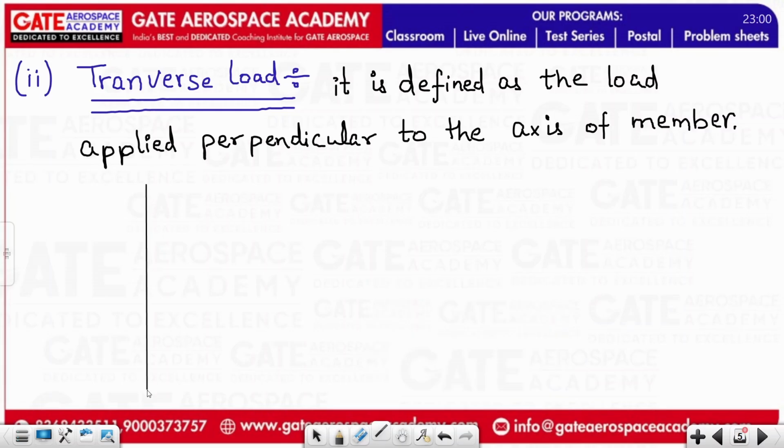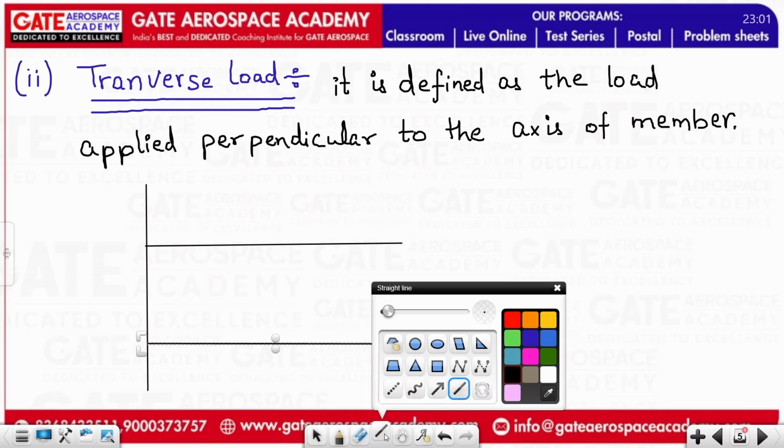So let us suppose there are these two bodies, and here you have your circle.